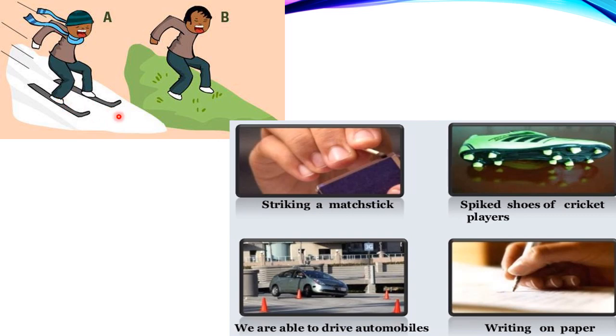So the frictional force is very low on ice. So this is an advantage of frictional force, to walk very easily on the floor. Likewise, you can see some more pictures showing the advantages of friction here.